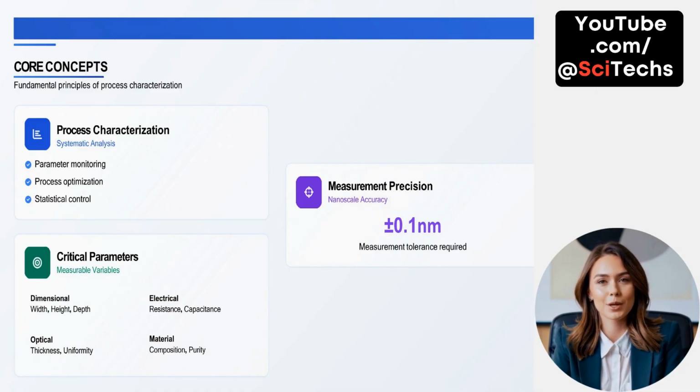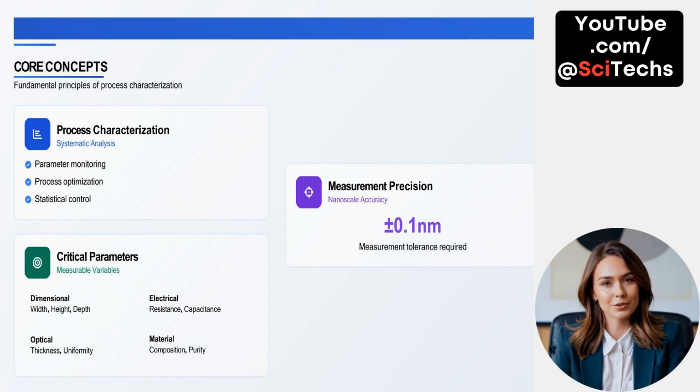Central to this framework are critical parameters that must be continuously measured. These include dimensional attributes like width, height, and depth, electrical properties such as resistance and capacitance, optical characteristics, including thickness and uniformity, and material features like composition and purity.